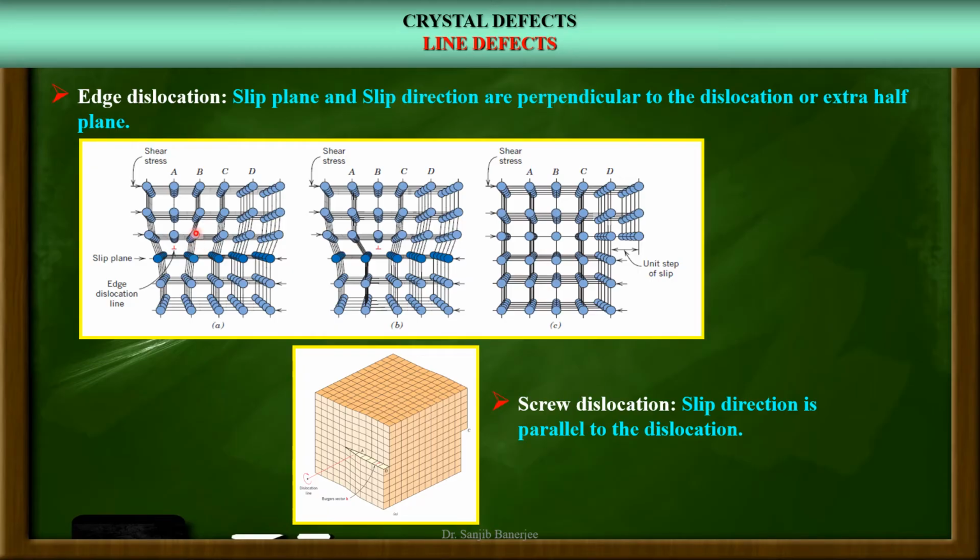Now due to the external force, which is the shear stress, this extra half plane is moving from left towards right in this case. So here we can see in this figure the extra half plane has moved from left towards right, and finally it has occupied the rightmost position.